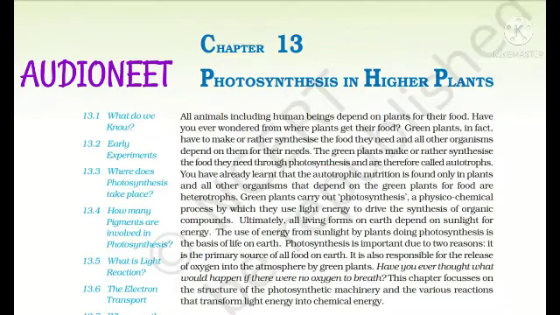If light is made available, the synthesis starts again. Hence we say that calling the biosynthetic phase the dark reaction is a misnomer. Discuss this amongst yourselves. Let us now see how the ATP and NADPH are used in the biosynthetic phase.